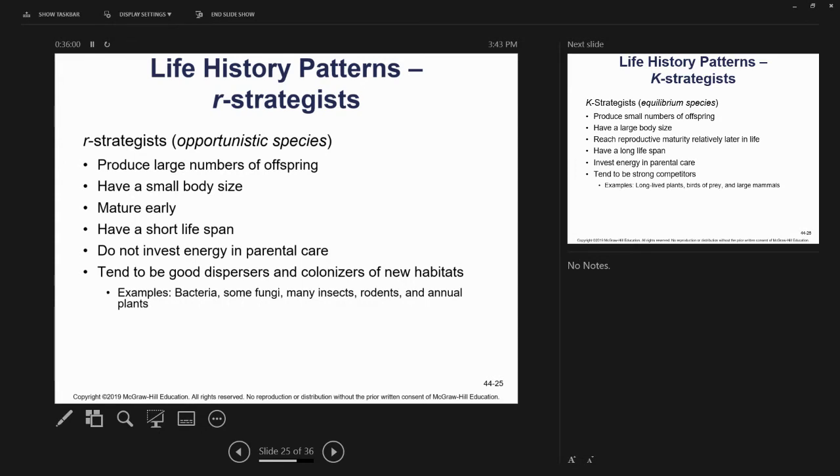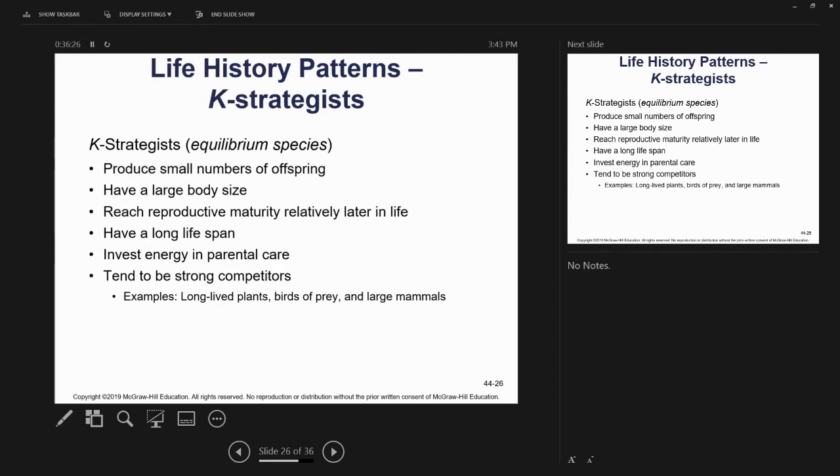They don't invest energy in parental care: insects, weeds, broadcast spawners. They tend to be good dispersers and colonizers of new habitats. So they spread out far and wide. They look for an opportunity where they can take advantage of those resources and grow and reproduce. So those are our R strategists, lots of reproduction really quickly to get into new spaces.